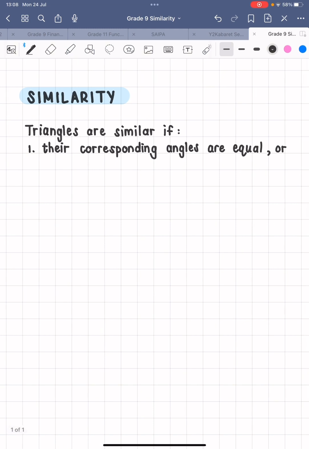Or two, their corresponding sides are in proportion.